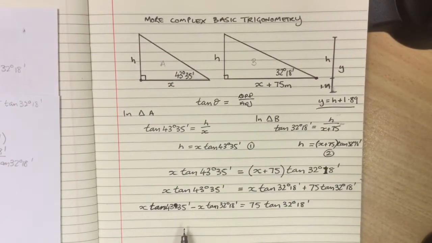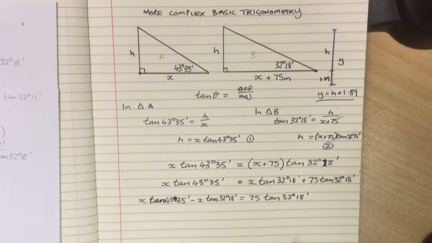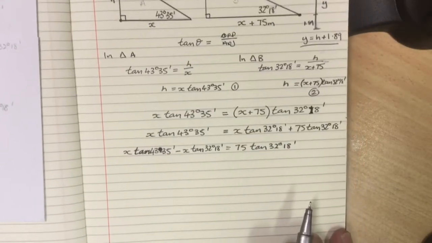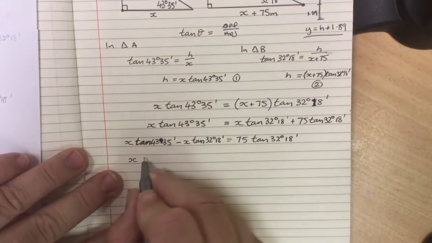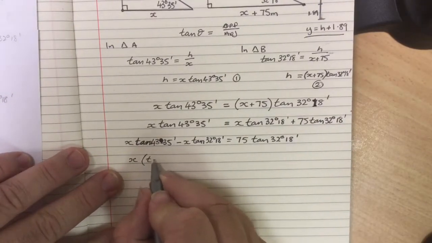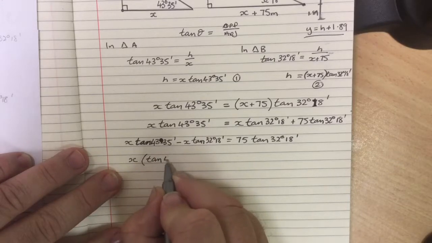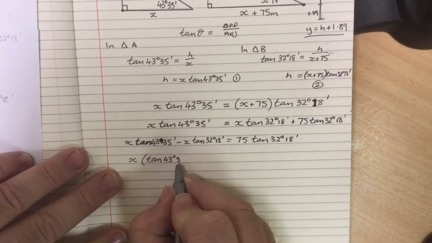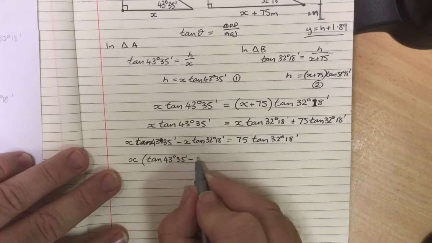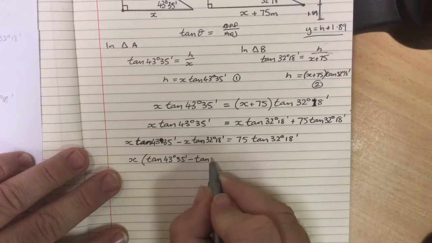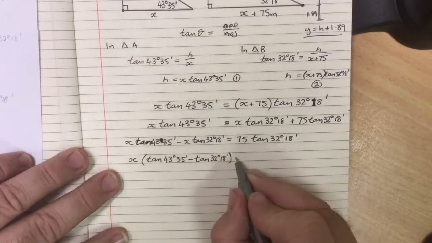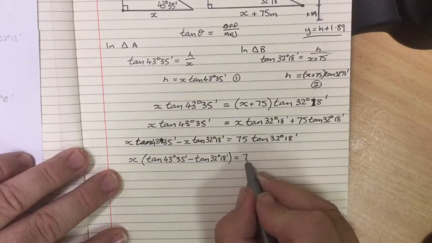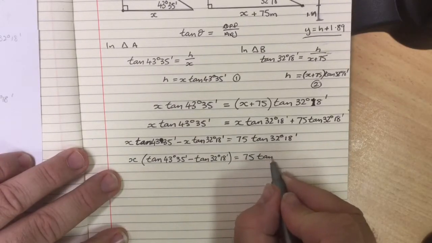Back to the left-hand side, I'm going to factor out x, and so I'll have tan 43 degrees 35 minutes take away the tan of 32 degrees 18 minutes. I'll leave it like that for now. Nothing is happening over here on this side, so I'll just rewrite that.